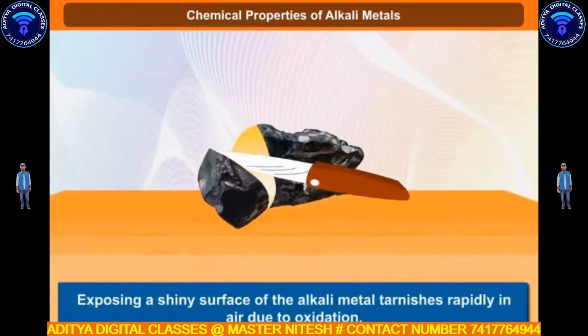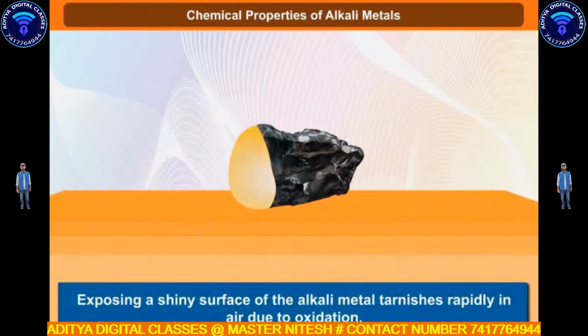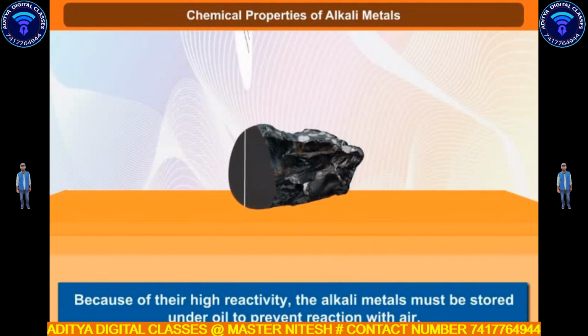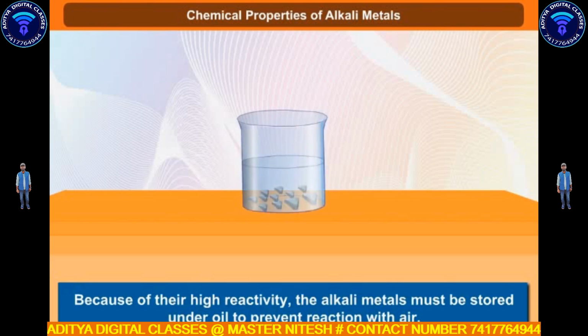Exposing a shiny surface, the alkali metal tarnishes rapidly in air due to oxidation. Because of their high reactivity, the alkali metals must be stored under oil to prevent reaction with air.